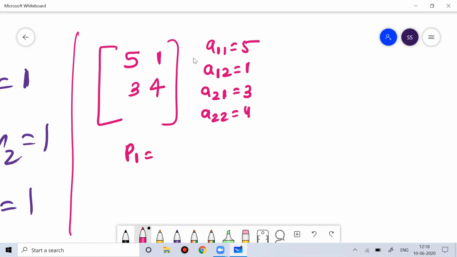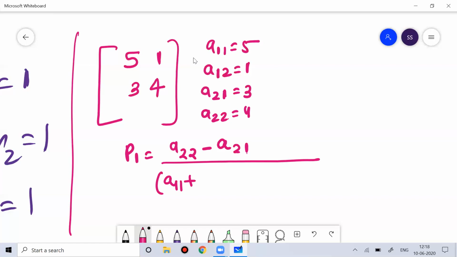The formula of P1 is equal to A22 minus A21 divided by A11 plus A22 minus A12 plus A21.